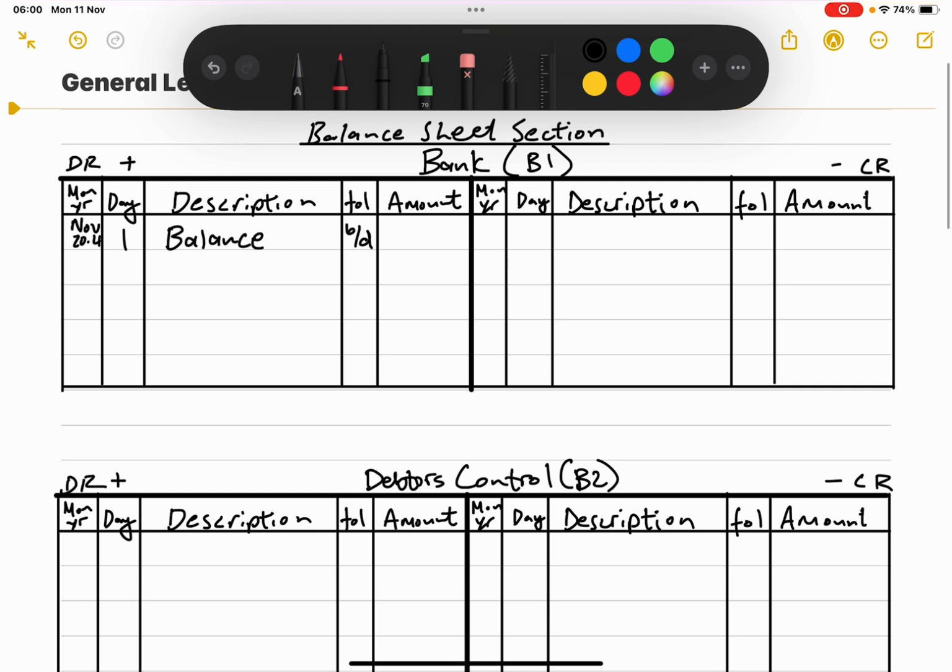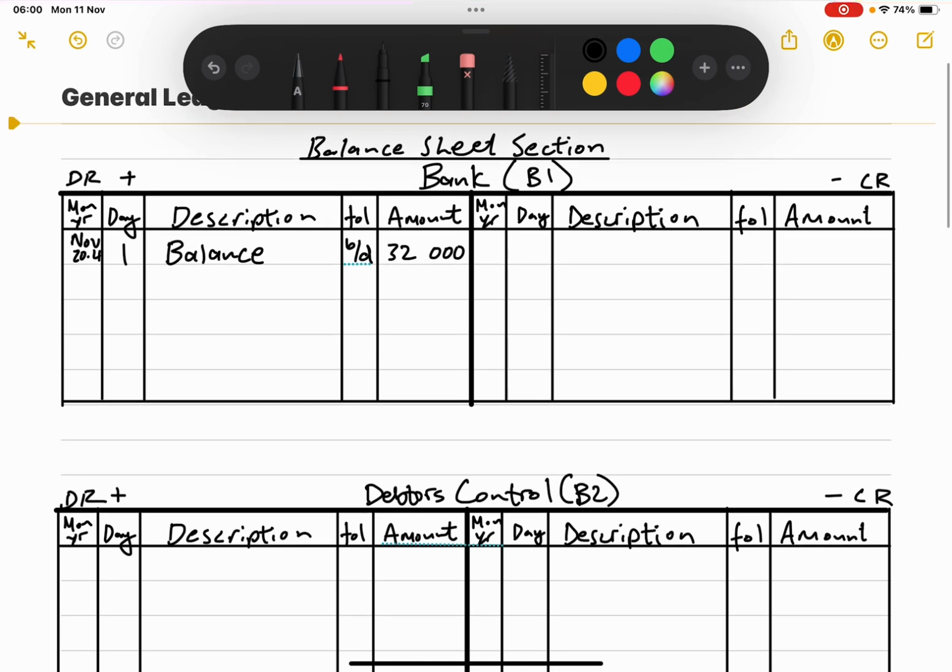Okay, so let's say your starting bank balance is 32,000 Rand. Then during the month, you, let's say, buy trading stock. You receive money from debtors. You pay off creditors. And so at the end of the month, your cash payments journal has a total bank amount of, let's say, 24,000 Rand.